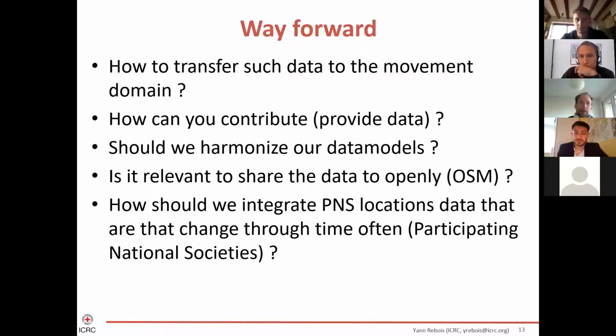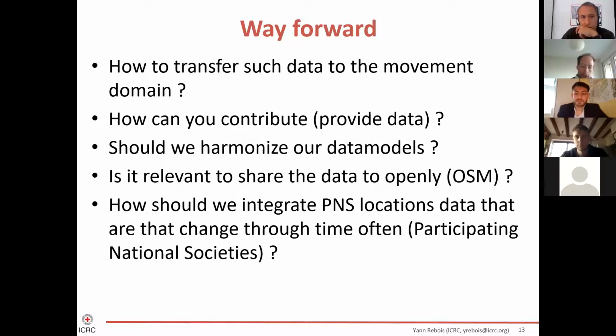The way I see it, once this data is finalized and completed, I would be more than happy to transfer it and find some mechanism for it to be hosted with ICRC, with you, Johnny, and then the data quality and data enrichment could be done by each national society.